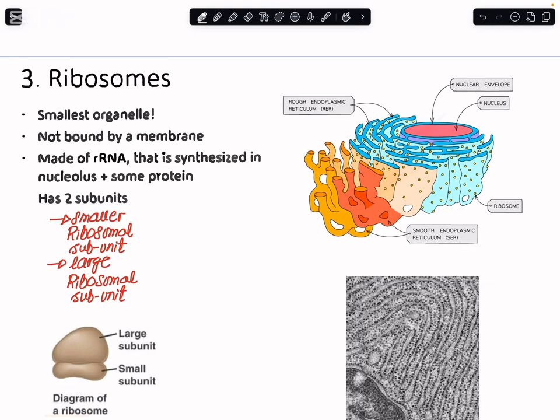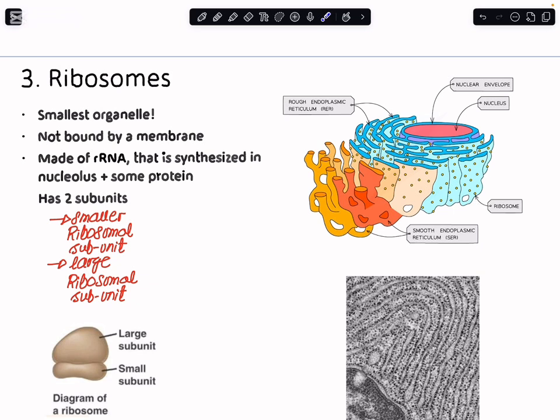And for today's class, we will have a look at the ribosomes and the endoplasmic reticulums. In the endoplasmic reticulums, further, we will see the structure and the function of the rough endoplasmic reticulum and the smooth endoplasmic reticulum. Now you see that here we have these spherical structures, and these spherical structures are entitled as the ribosomes.